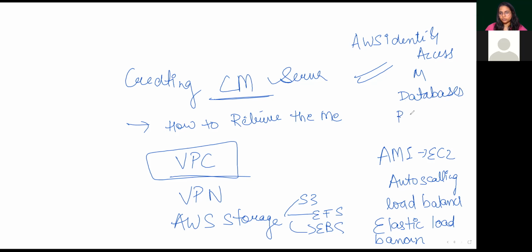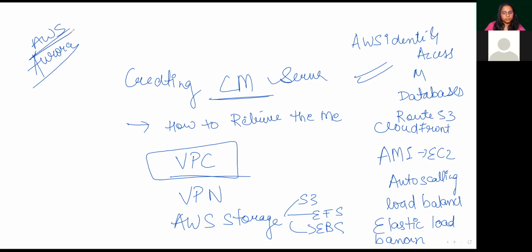Then we can go directly to Route 53. You haven't covered Aurora? Okay, we can cover Aurora also. AWS Aurora, no issue. Then after that, we have CloudFront.